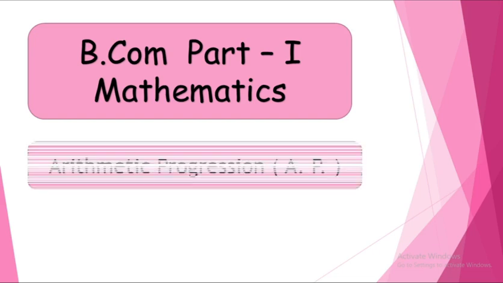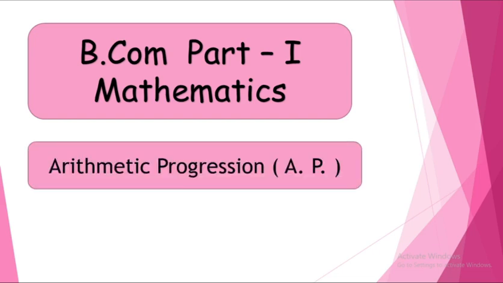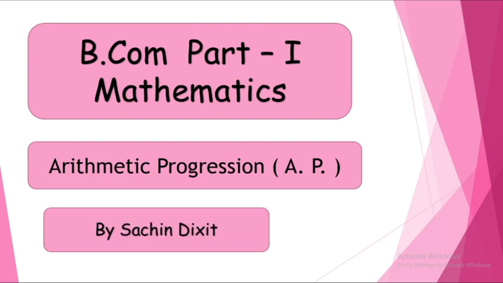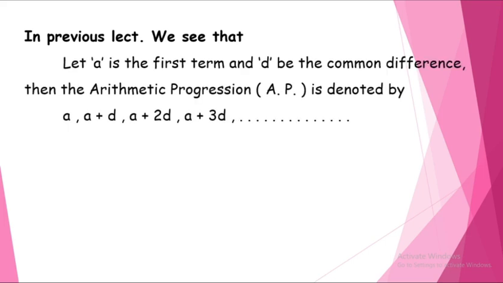In this lecture, we continue arithmetic progression. In the previous lecture, we saw that if A is the first term and D is the common difference, then the arithmetic progression, that is AP, is denoted by A, A plus D, A plus 2D, A plus 3D, and so on.